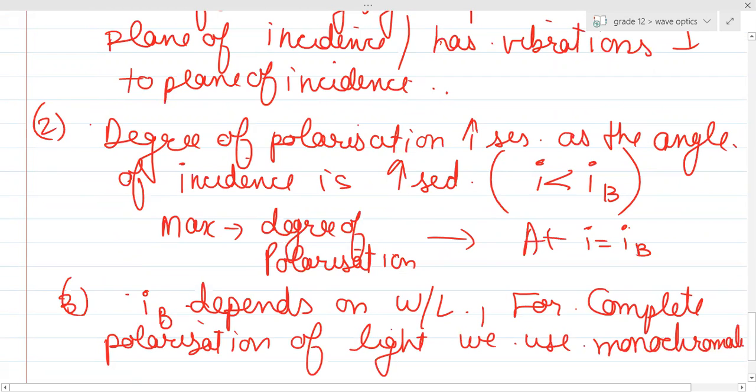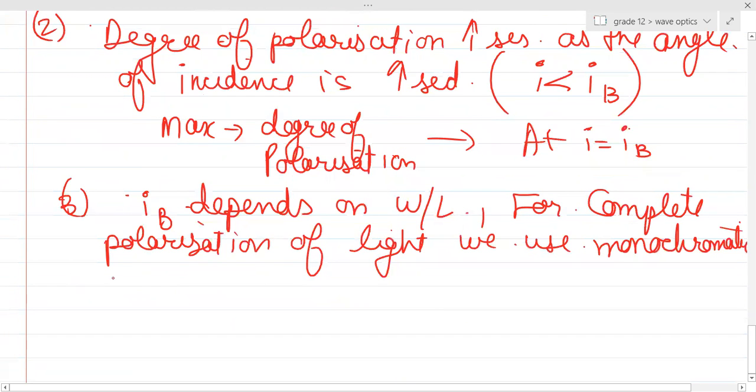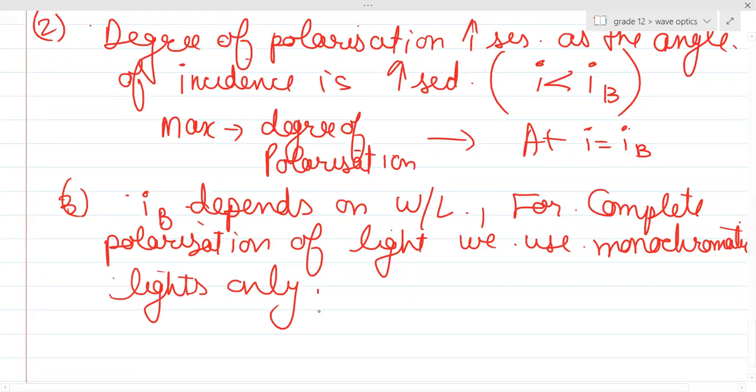If you want 100% plane polarized light, use monochromatic light. Is this clear? Is it clear, guys? Yes, sir.